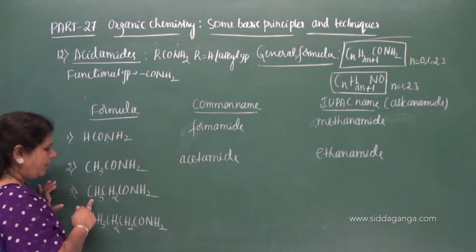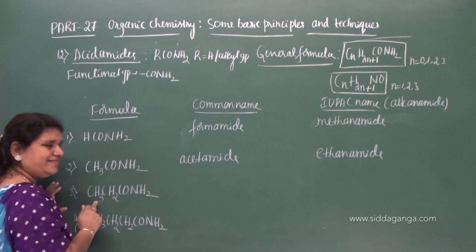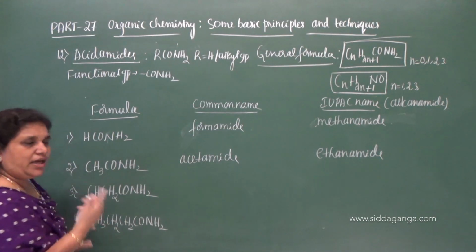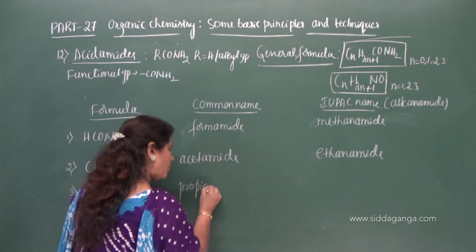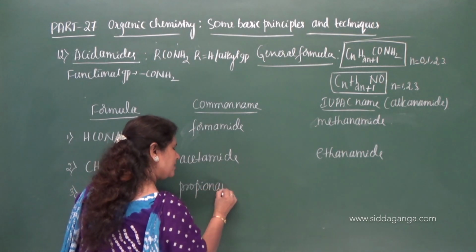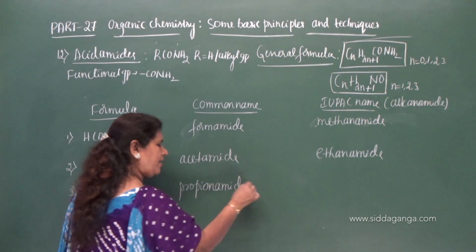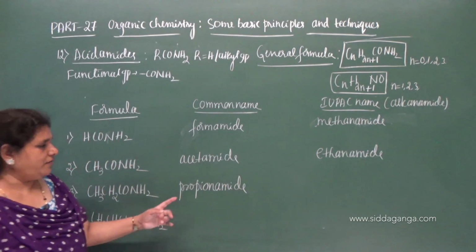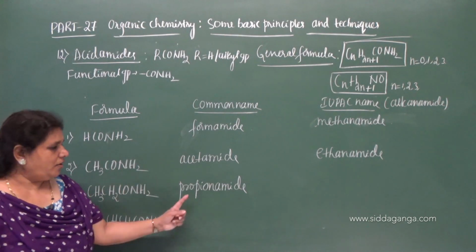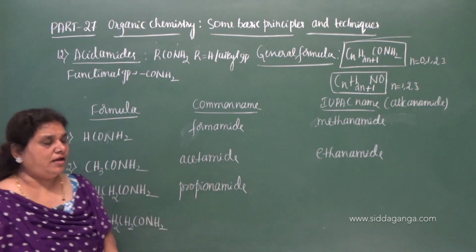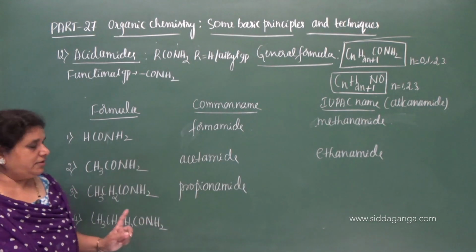Now how many carbon atoms here in the acid? 3. Propionic acid. So ic acid is removed and replaced by the word amide, then you will get propionamide. Propionamide is the common name for this.